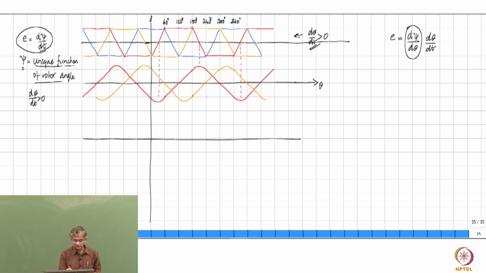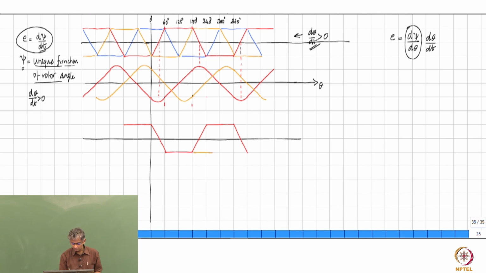So d psi by d theta for the red one in the interval 60 to 180 degrees is greater than 0, but d theta by dt is less than 0. That means this induced EMF will now be negative, and here it would be positive. This will be positive. So you are going to have a waveform that's looking like this. What happens to y?